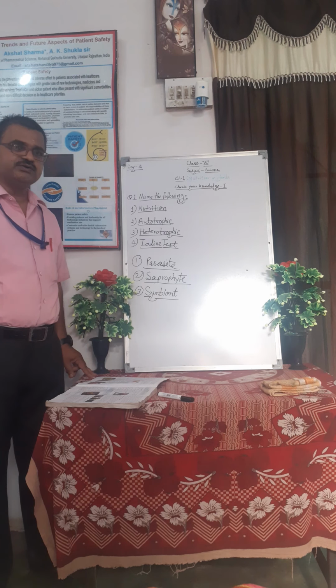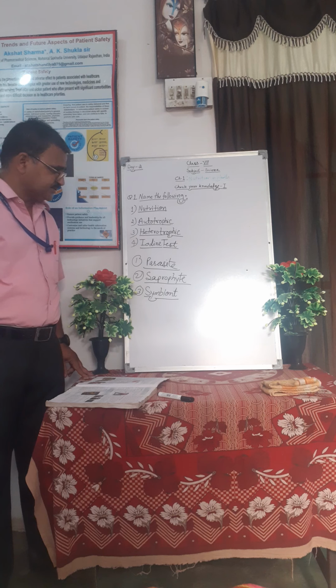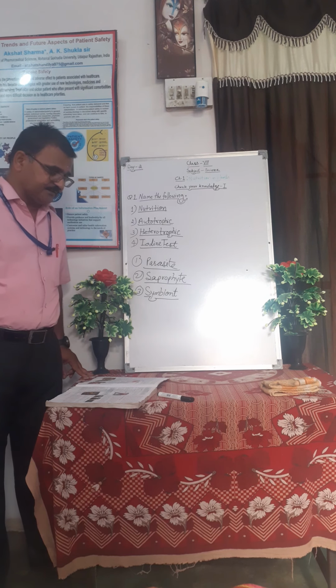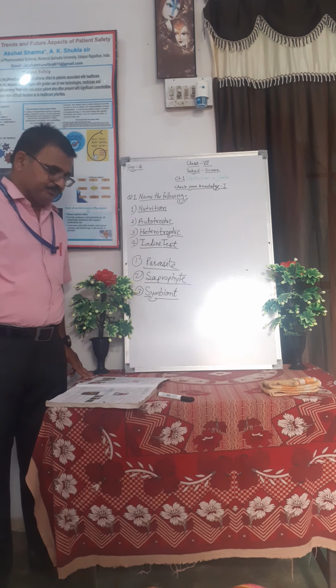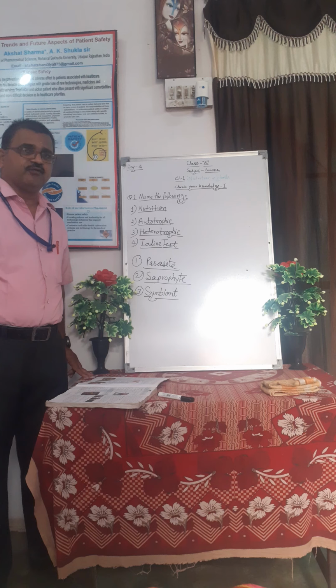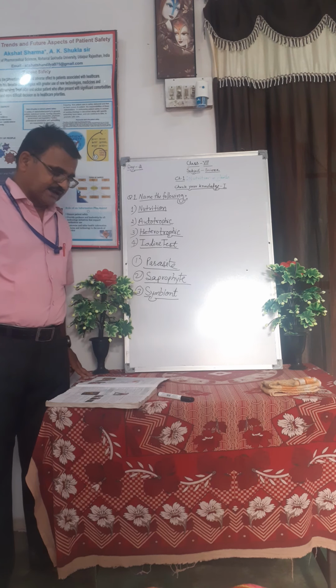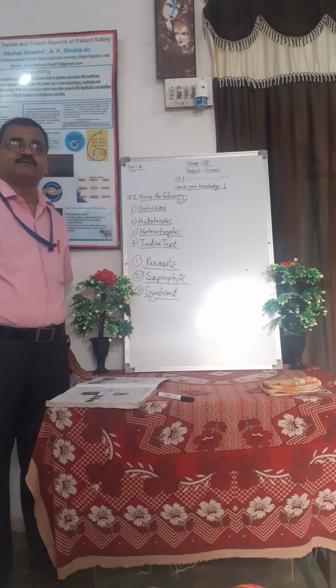Now please look at what is written here. The mode of nutrition in which organisms take nutrients from dead, decaying matter is called saprophytic nutrition. Plants that use the saprophytic mode of nutrition are called saprophytes.